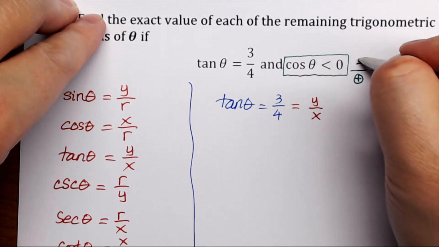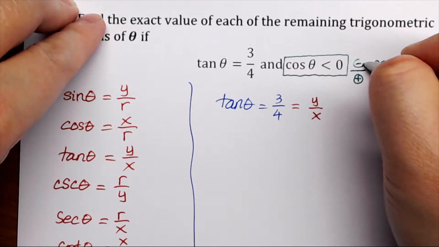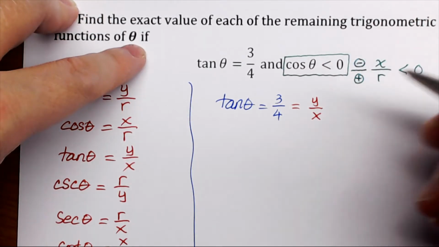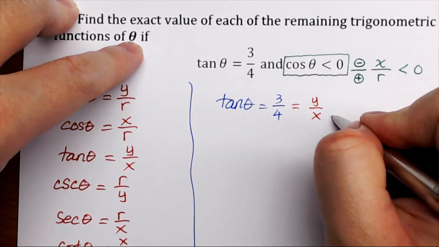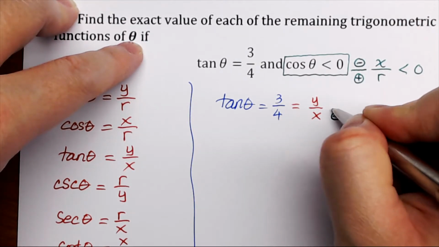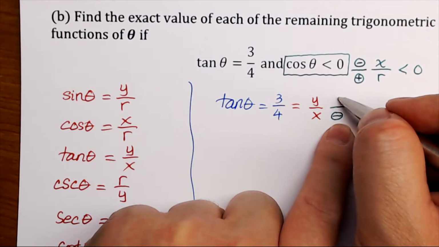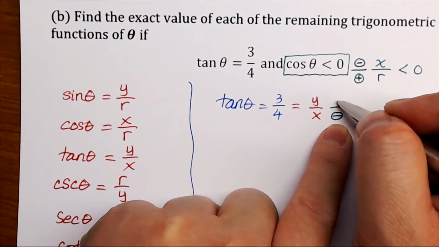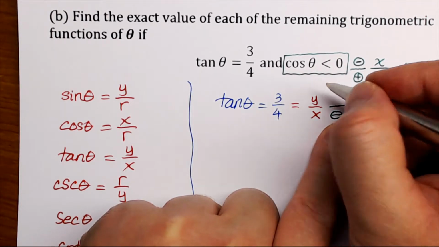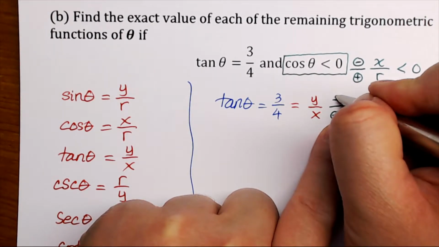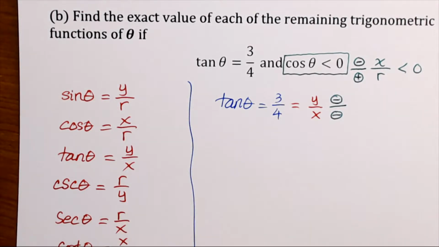Cosine is x over r, 2 square root of 6 over 5. Tangent is y over x, so we have -1 over 2 square root of 6. We could multiply square root of 6 top and bottom, but I'm okay with the answer like that.